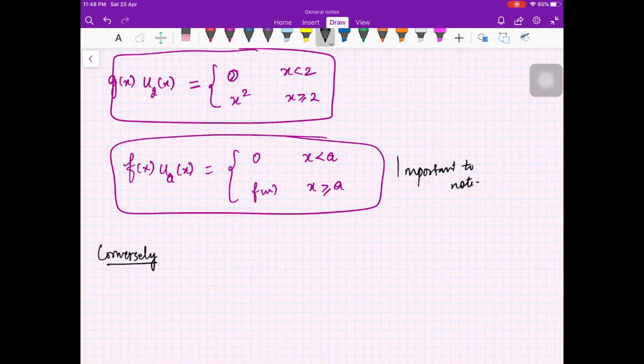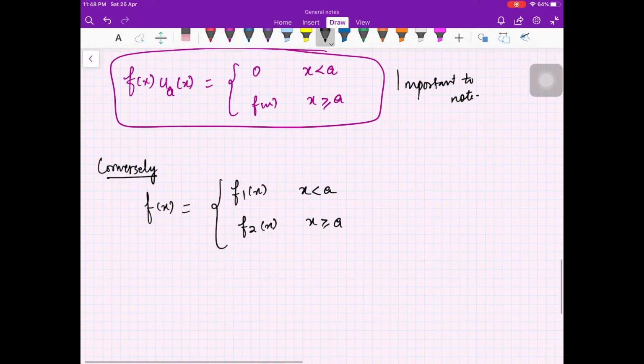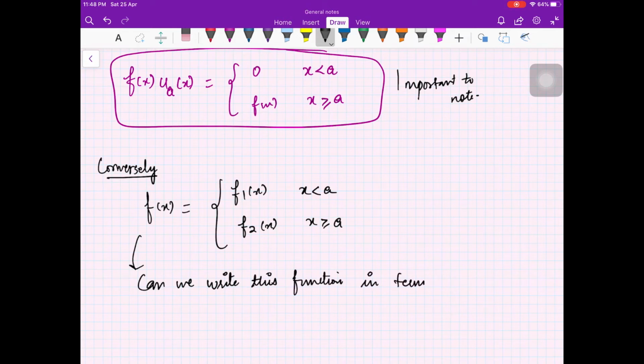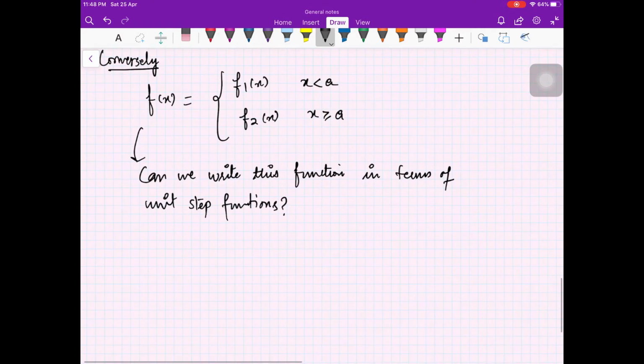And conversely, suppose you are given this function. Suppose you have a function f(x) which is defined as f1(x) for x less than a and f2(x) for x greater than or equal to a. So the question is, can we write this function in terms of unit step functions? You think about it.